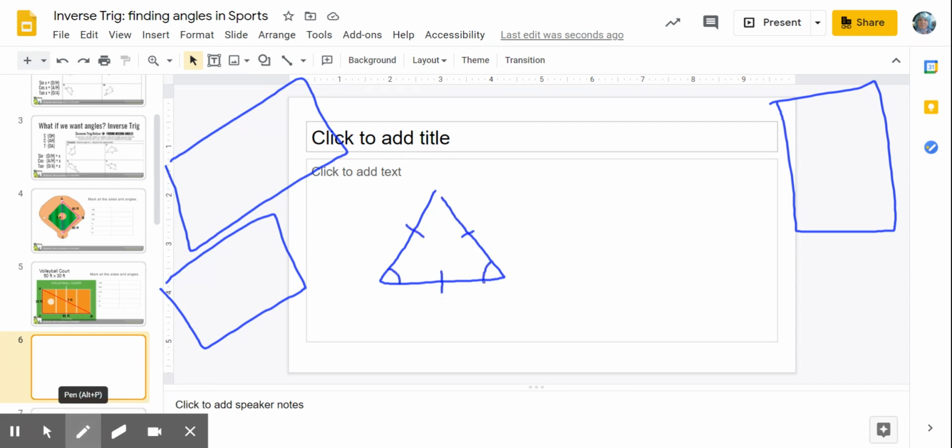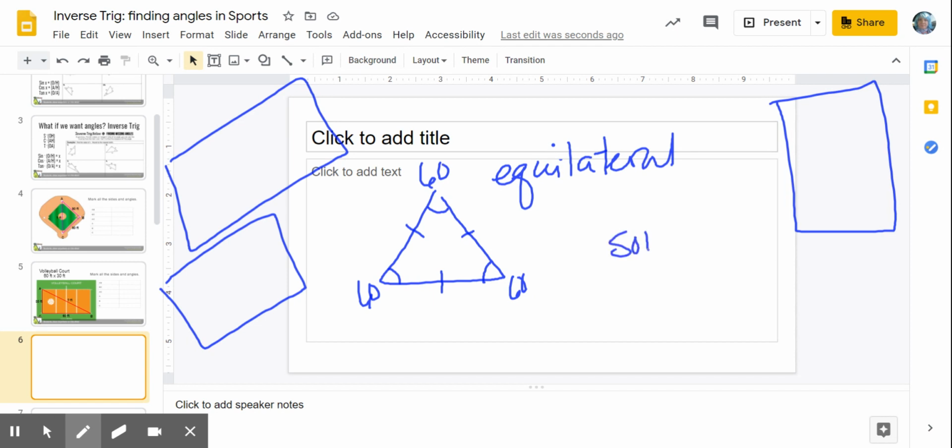What are the angle measures of an equilateral triangle? 60. And what kind of triangles work with trig? It has to be what kind of triangle to work with trig? A right triangle. So can I use trig with equilateral triangles?